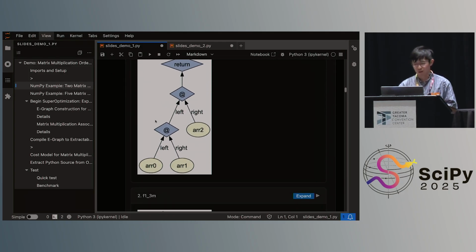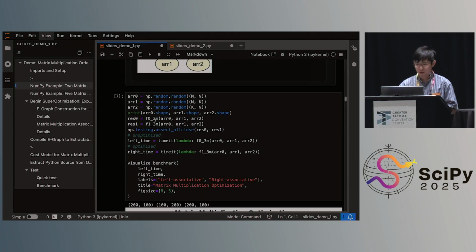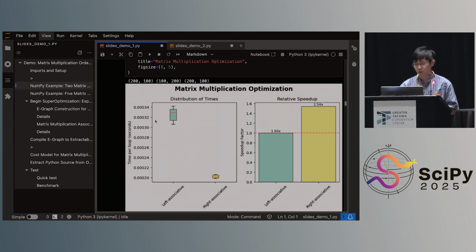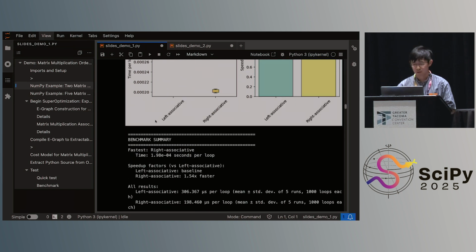That doesn't count memory cost. If we do a quick benchmark, we see that for our case, right associativity gives us a 1.5x speedup, just by putting the parentheses in a different place.